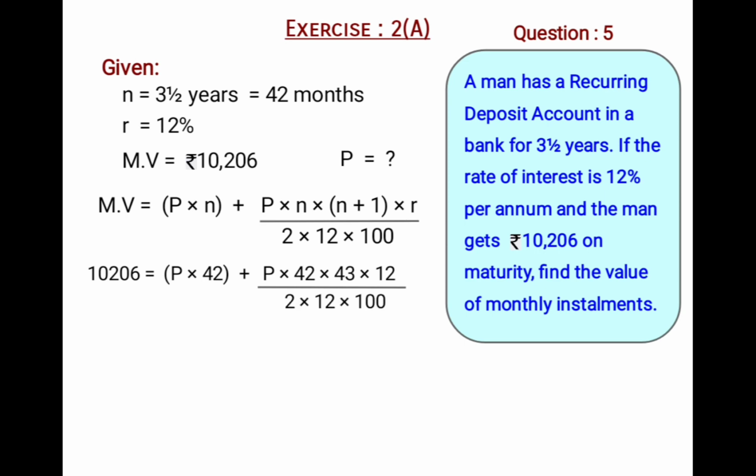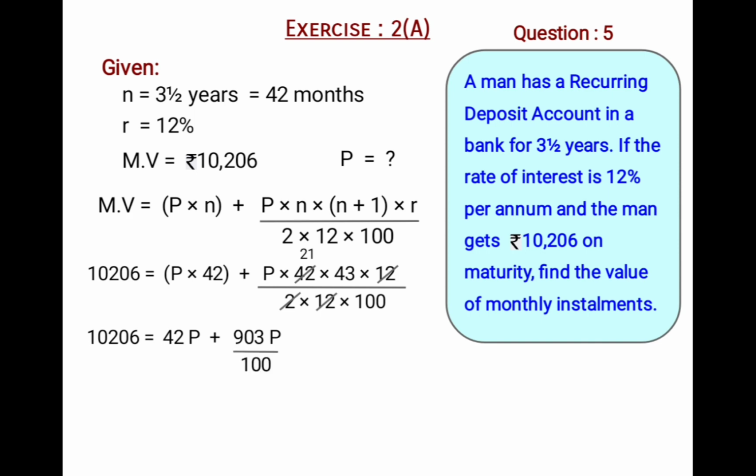Now we can cancel 12 in the denominator as well as in the numerator. Next we are going to cancel 2 and 42. Now 10,206 is equal to P into 42, that is 42P plus 21 into 43, 903P divided by 100.